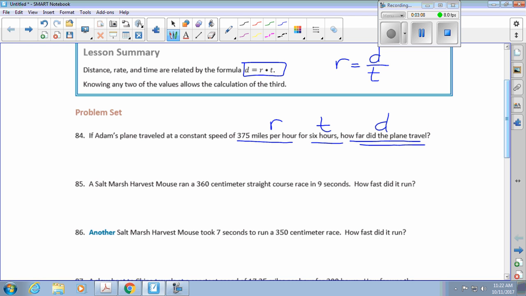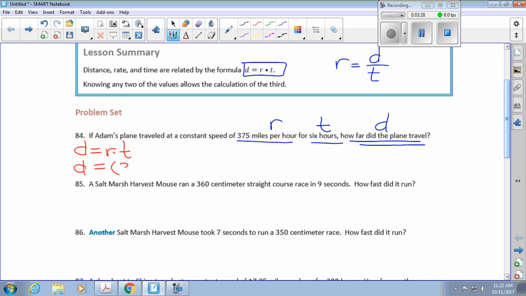So one mistake that I've seen kids make is they're rushing and they're not putting down the formula. Okay? Distance equals rate times time should be on your paper. Now we're going to plug in what we know. What do I plug in for the rate?